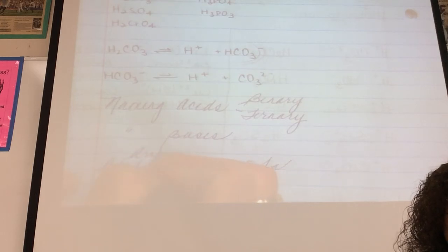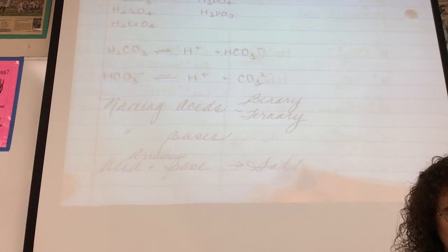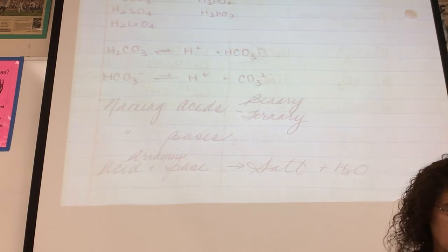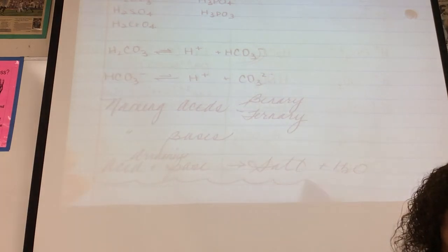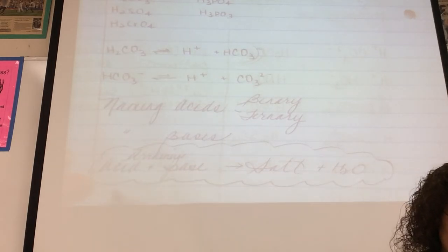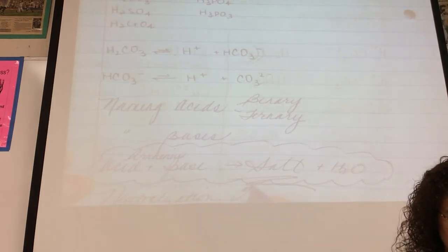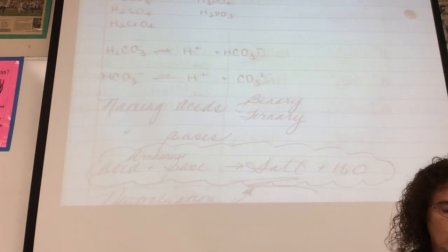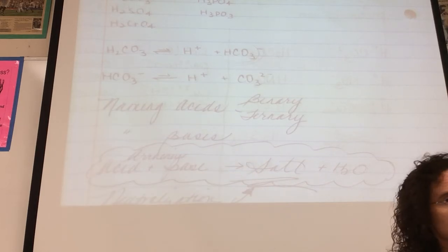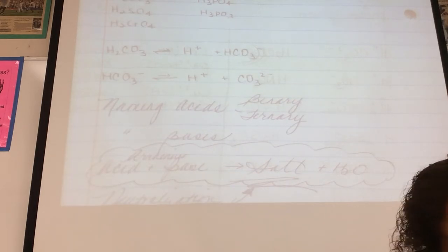So the Arrhenius acid and base, when reacted together, make a salt and water. And those are your goals for today. This reaction of an Arrhenius acid with an Arrhenius base makes salt and water. This is a neutralization reaction because you generate a substance that's typically neutral. And we will work on this concept more when we talk about titration in our next lesson.